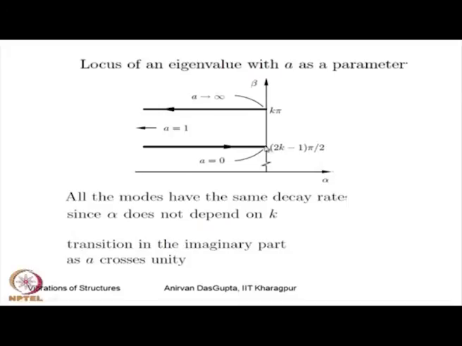A will be 0 when the damping is 0, which means it is a fixed free bar, while A is infinity when D is infinity. So, this is a fixed bar, and when A goes to 1, this goes to infinity, as we have already seen. This is the locus of the solution as A varies.